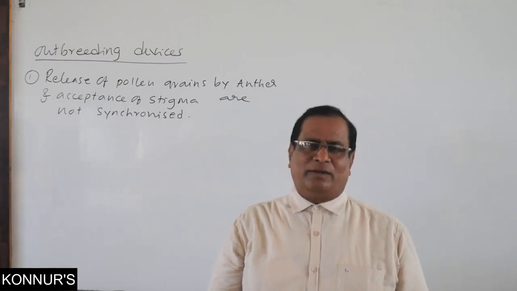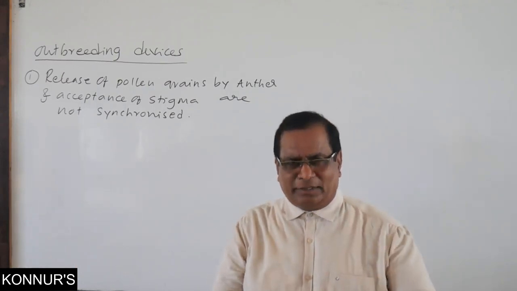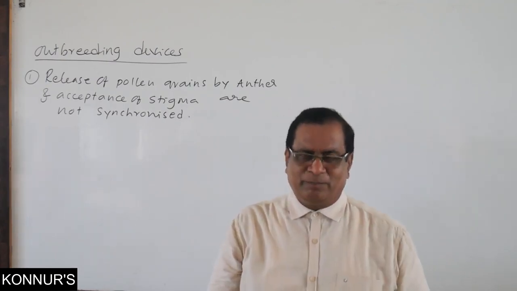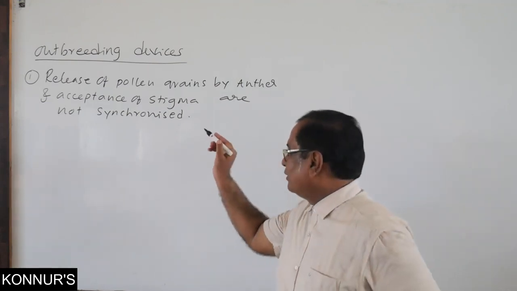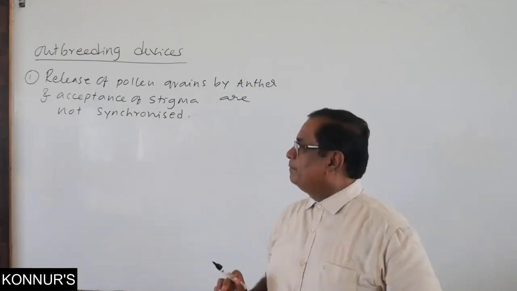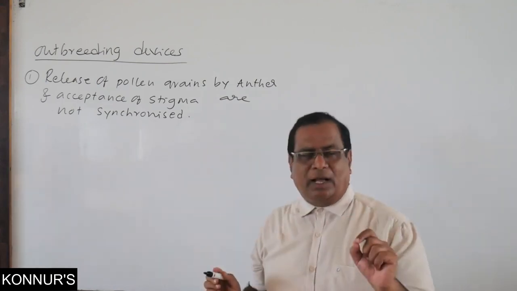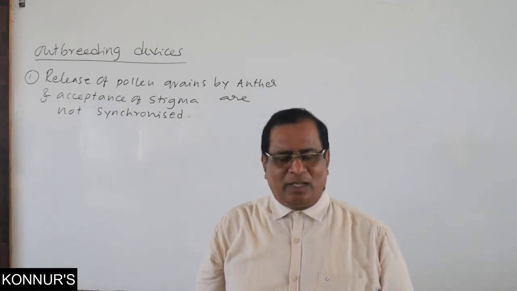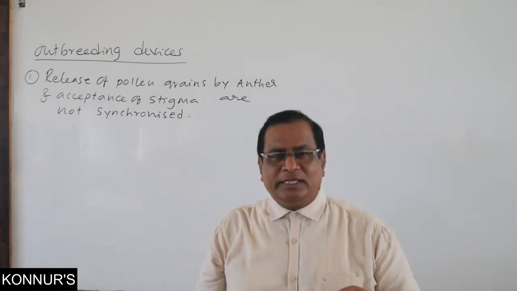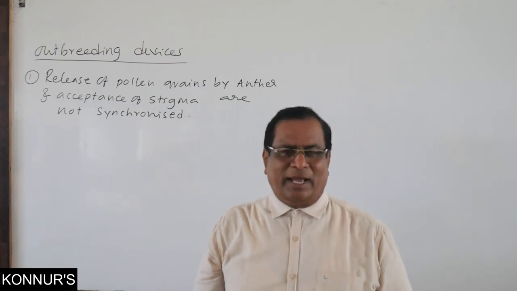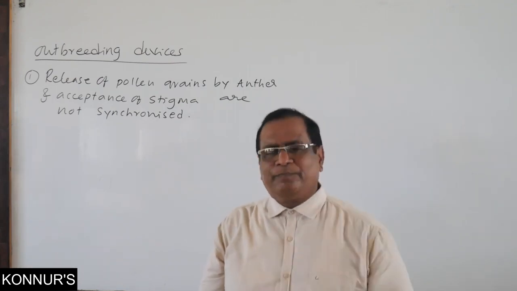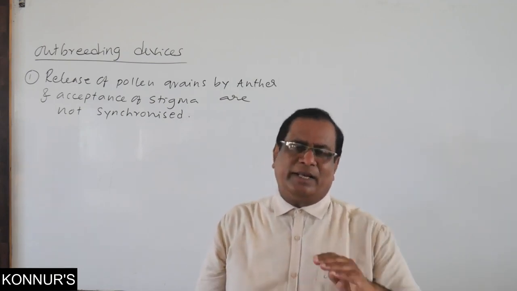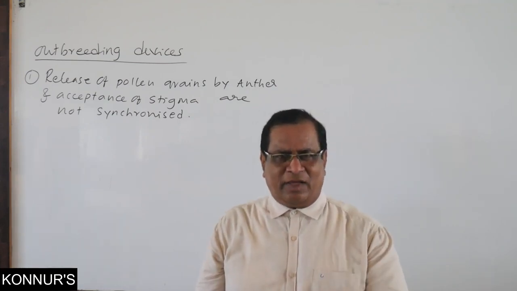In a bisexual flower, the anther is there in the same flower, and the stigma is also there in the same flower. But the release of pollen grains by the anther and the acceptance of stigma are not synchronized. What does it mean? At the time of release of pollen grains by the anther, the stigma is not ready to accept the pollen grains, even though they are in the same flower.